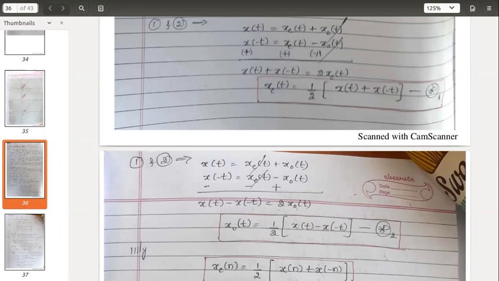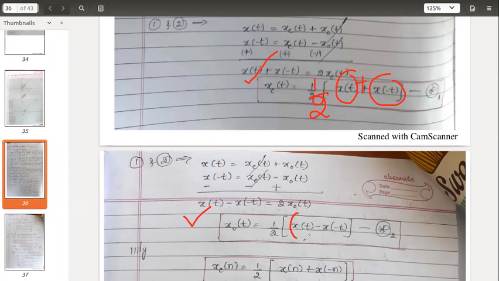Most generally, the questions on this will be to find the even and odd component of any signal x of t. So these two equations you will be using throughout. Even part: original signal, take the reflection, add them, halve the amplitude.